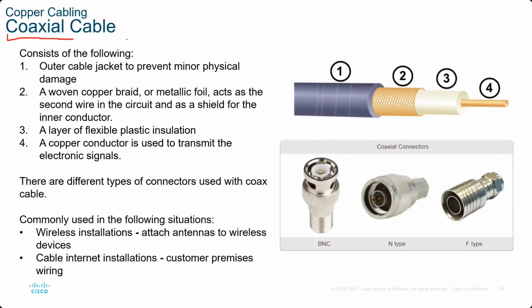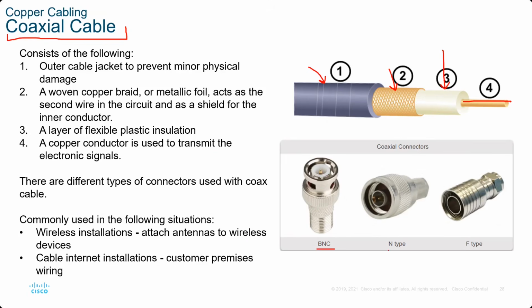We had the coaxial cables as well, which were initially used in networks, but are no longer used. So it also has an outer cable, and it had a shielded woven copper braid and metallic foil. So there was another copper here. One was the positive, one was the negative, and this is the insulator to separate these two cables from each other. It did not have the RJ45 connector.